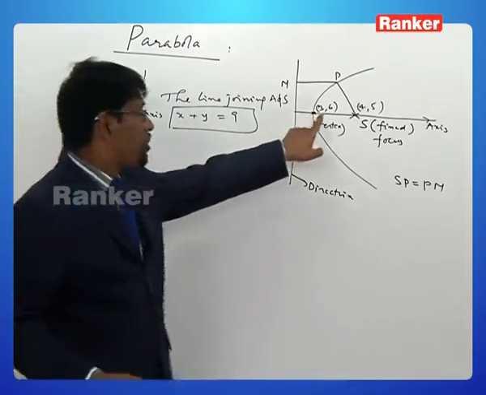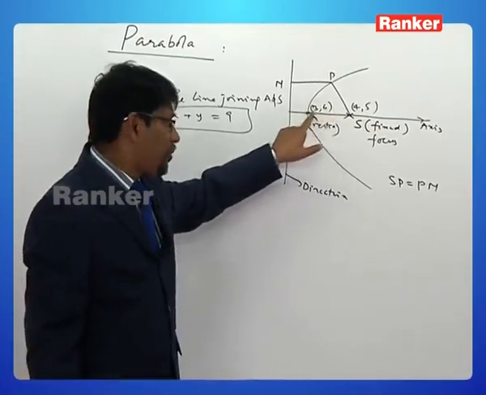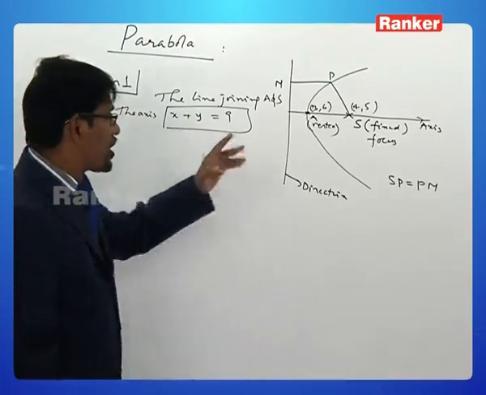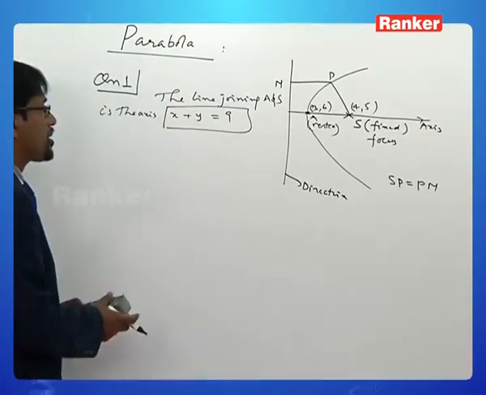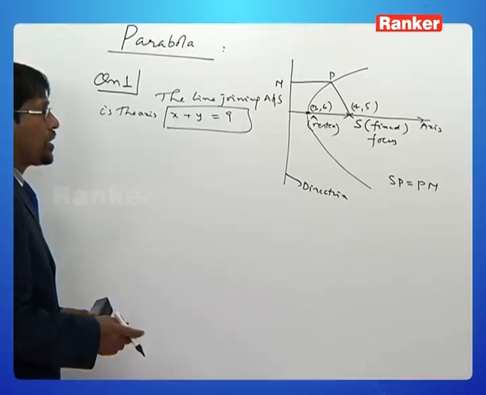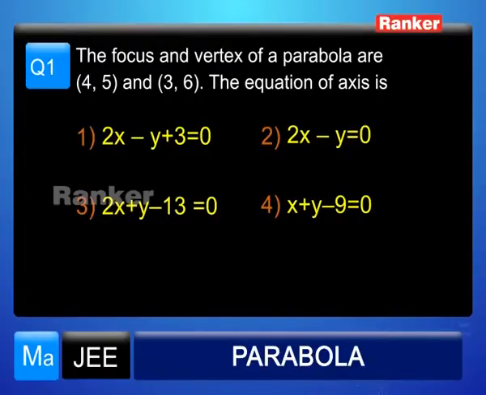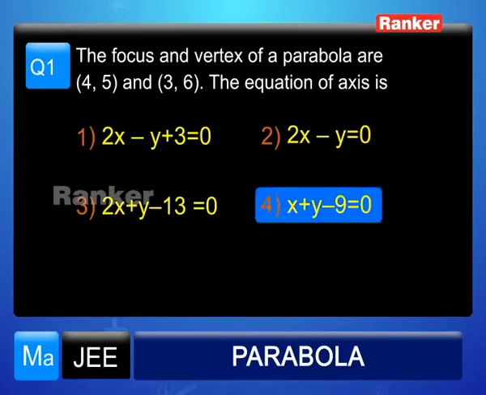What you observe is the sum of the x coordinate and y coordinate of both these points is equal to 9. I can say that this is a linear equation satisfied by the 2 points. So that is the line joining the 2 points, and hence it is the axis of the parabola. So the right option is option 4.